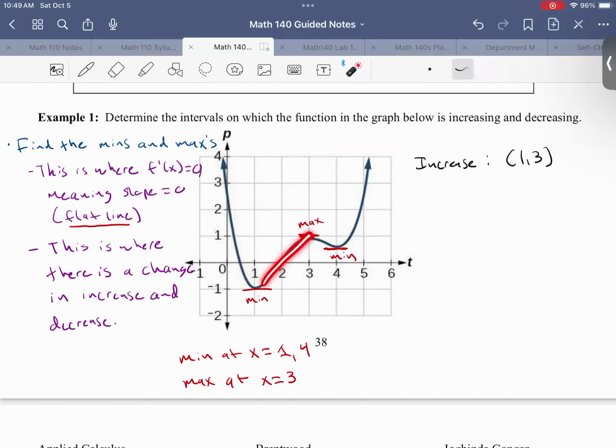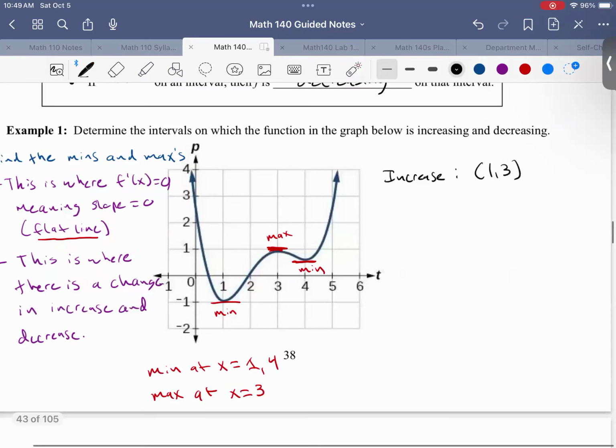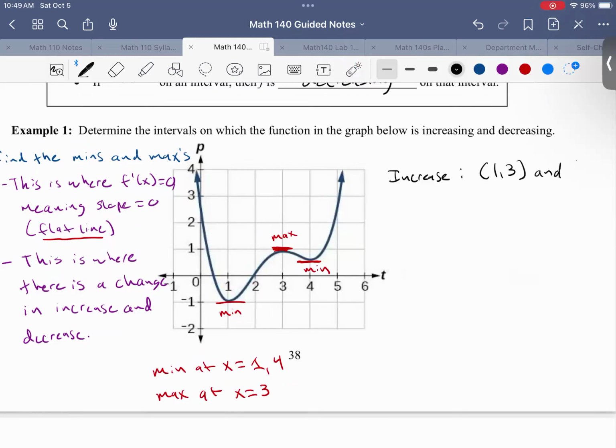I already said I'm increasing here. Looks like I'm decreasing there. Okay, I'm increasing from 4 all the way to infinity. So this would be increasing on (1, 3) and (4, infinity). Open, and you can leave it parentheses. You don't have to worry about hard brackets or anything.